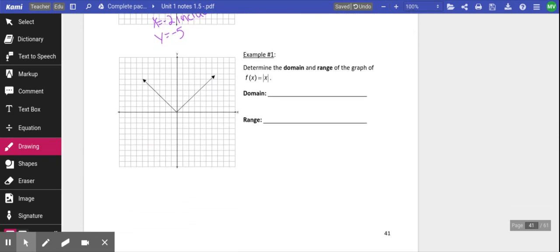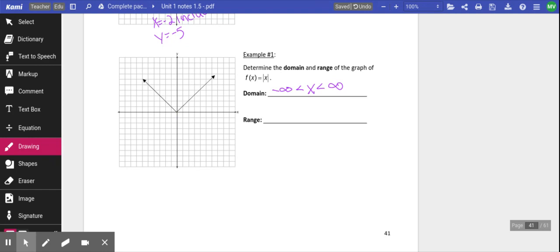So example, determine the domain and range for this graph. So if I look at my domain, all my x values can be included. So I could say that negative infinity is less than x is less than infinity. However, my range is never going to be negative.